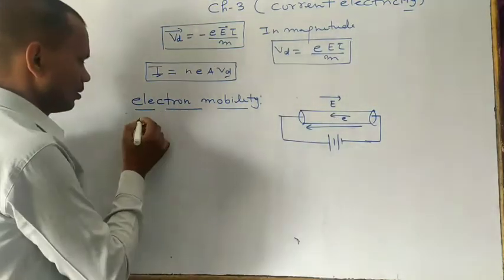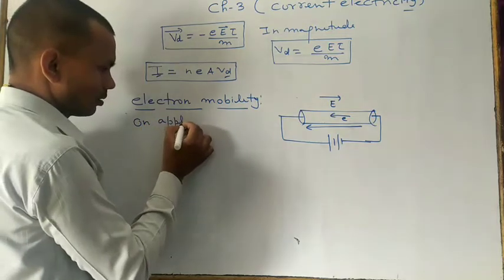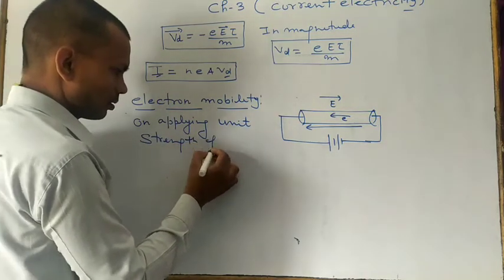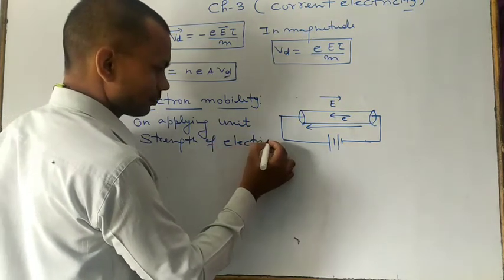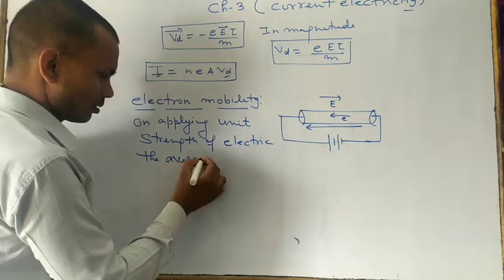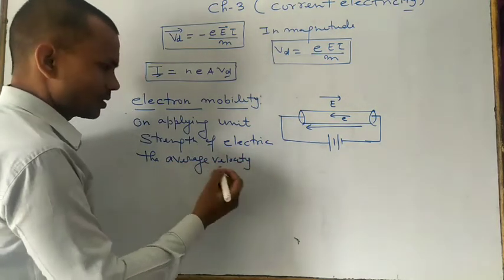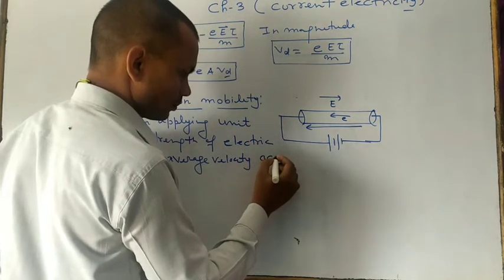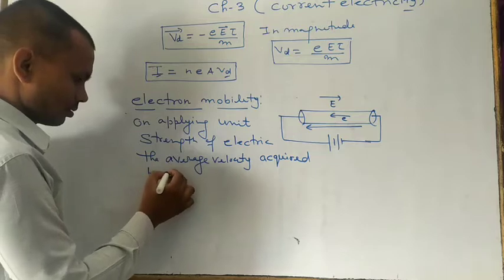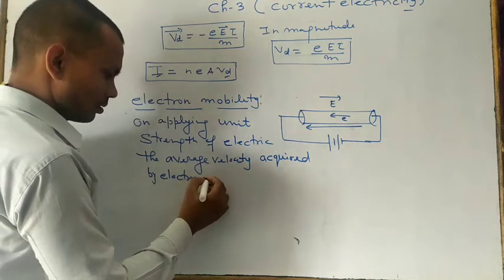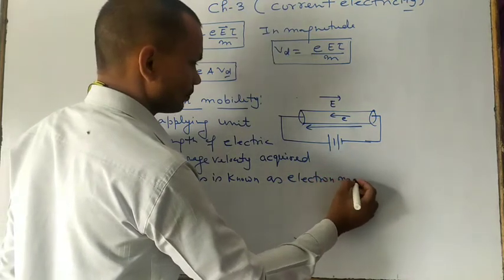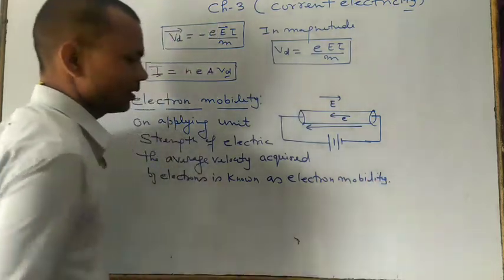electron mobility. On applying unit strength of electric field, the average velocity, that is the drift velocity, acquired by electrons is known as electron mobility.